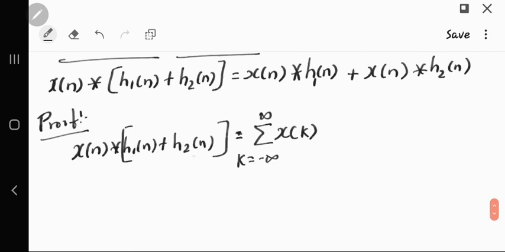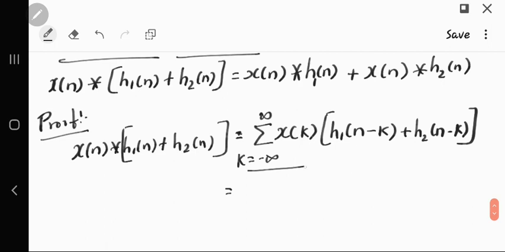Now, this h1 of n plus h2 of n can be written like this: h1 of n minus k plus h2 of n minus k. The definition says x of k h of n minus k, since we have x of n convolved with h of n.